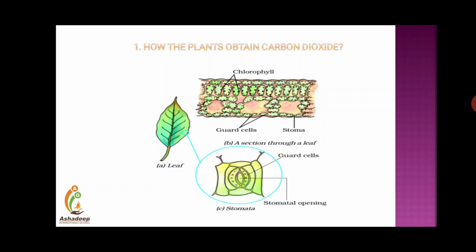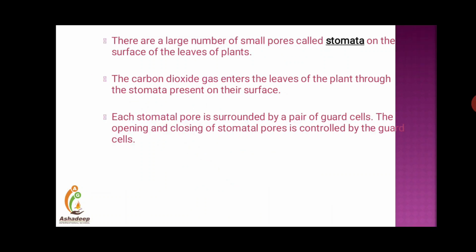But how do plants obtain carbon dioxide? There are a large number of small pores present in the leaves of plants. These small pores are called stomata.